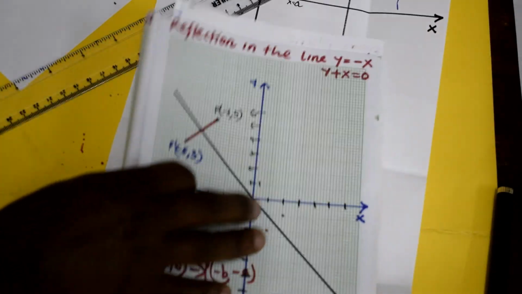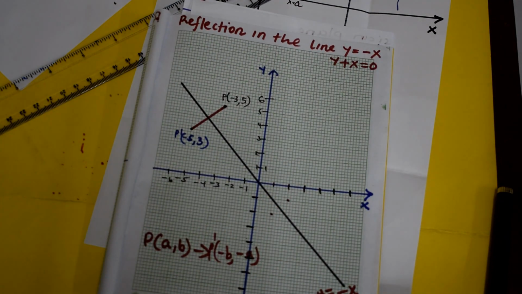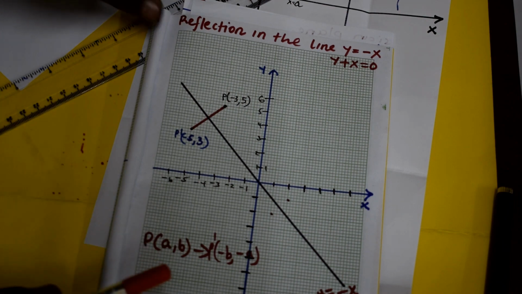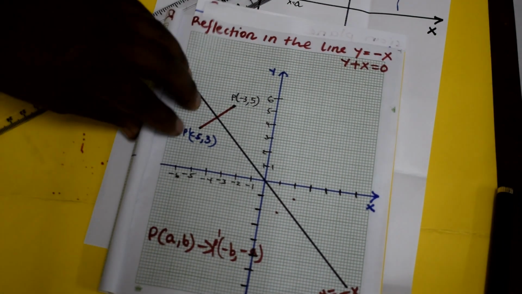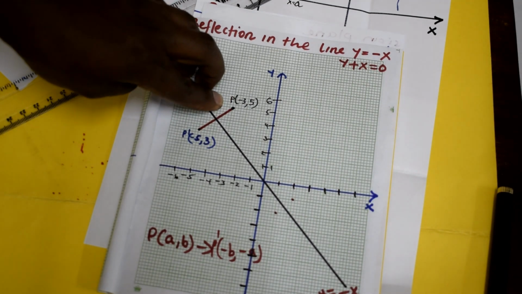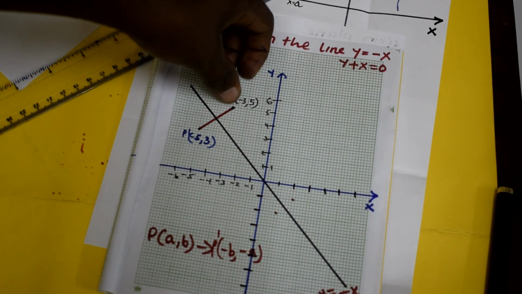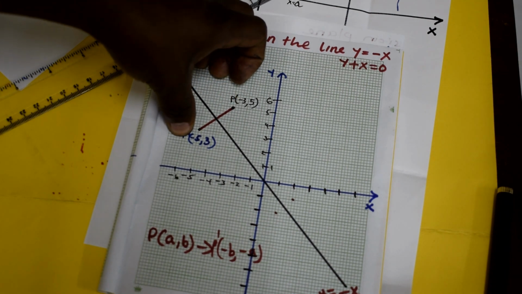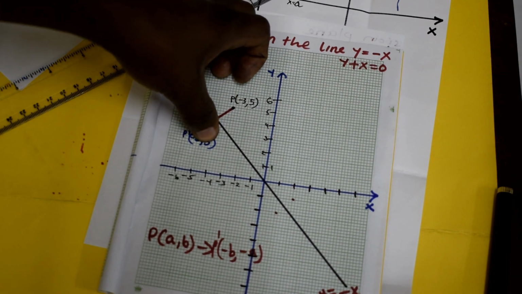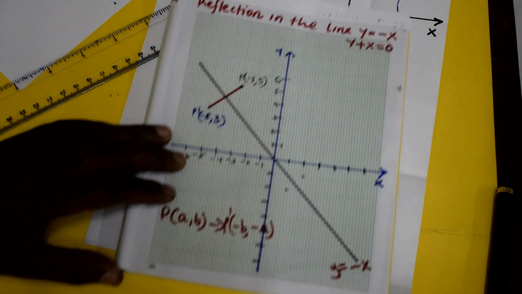Then we move to the next reflection, in the line y equals negative x, which we can also call y plus x equals 0. If you look at a point like P as (negative 3, 5), we now get (negative 5, 3). So what is happening here?